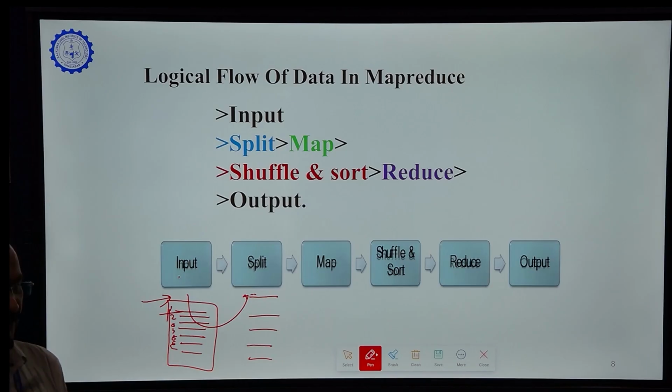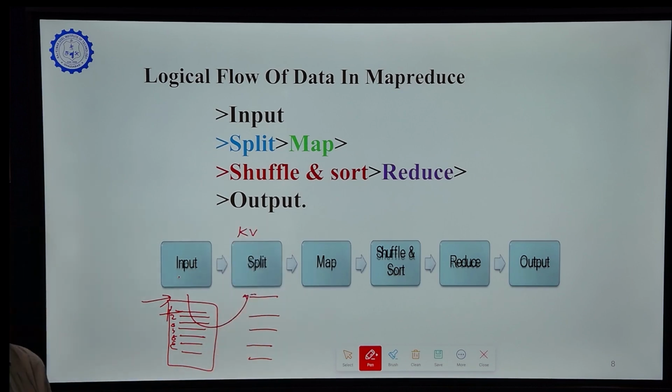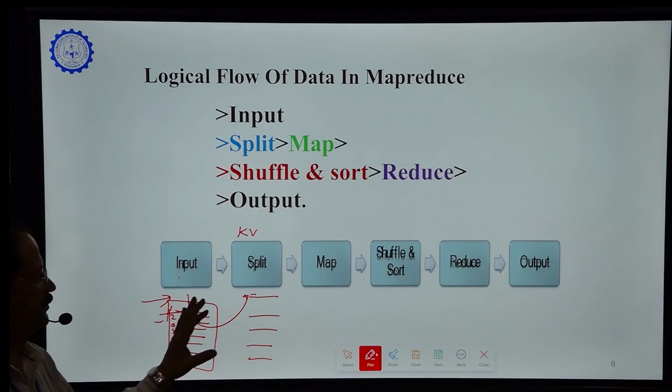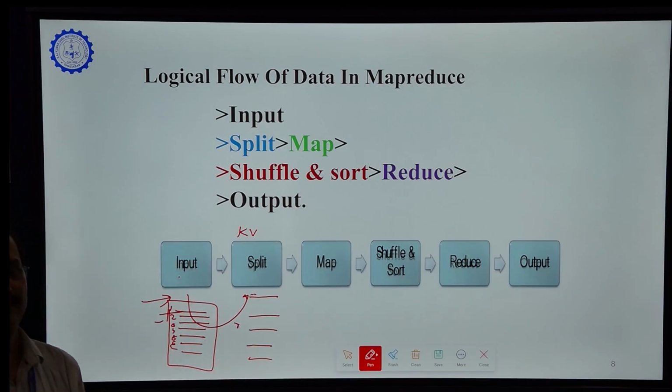Now the map function breaks it up into key value pairs. So the data is broken up or split with the help of key value pairs.